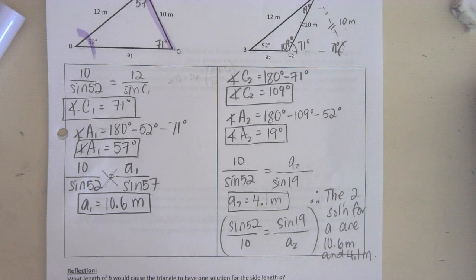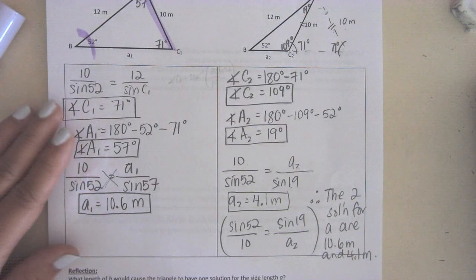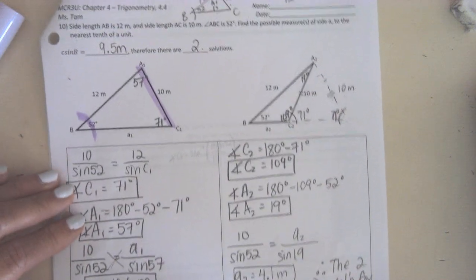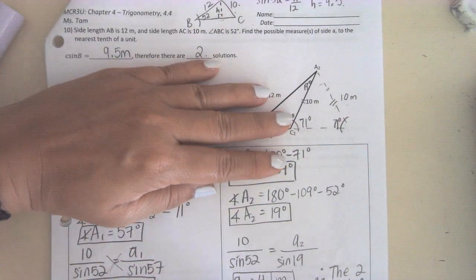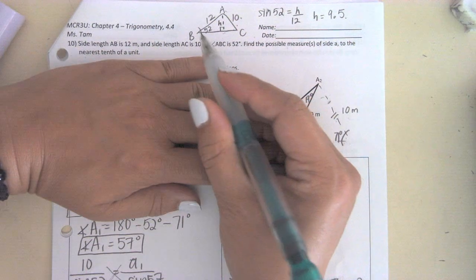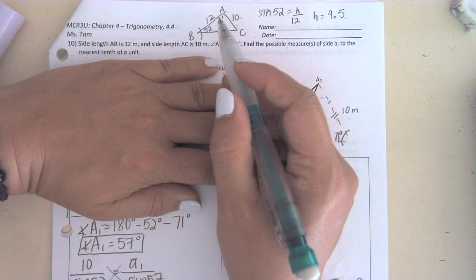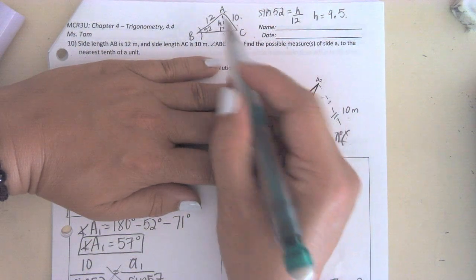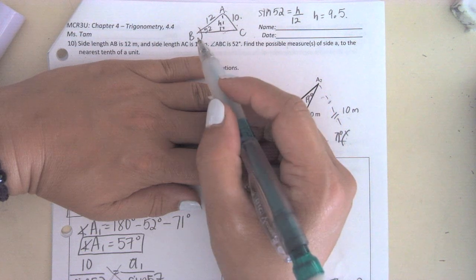Okay, can I just explain that one more time? Would that be helpful? Good, okay. So what we were given at the very top is an angle, a side, and a corresponding side to your angle.